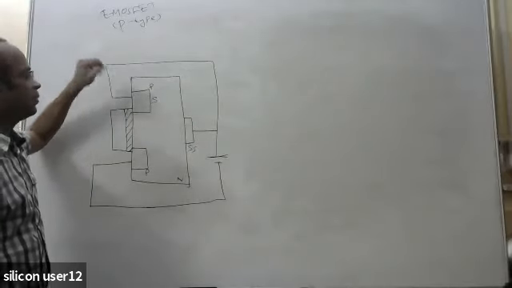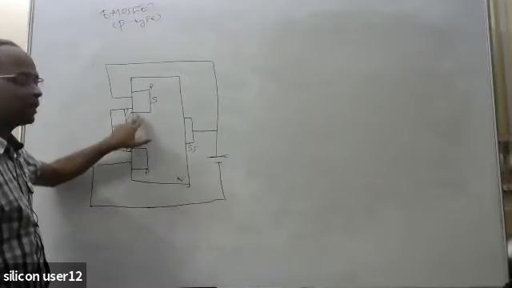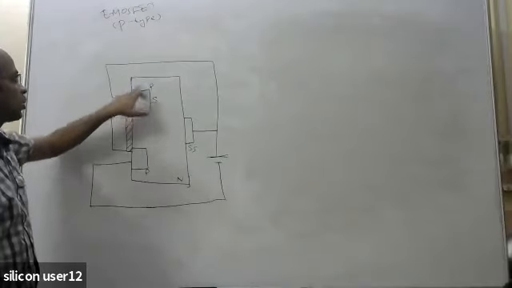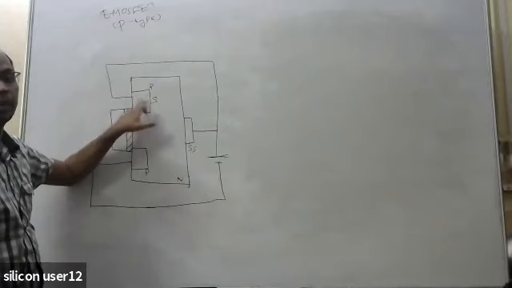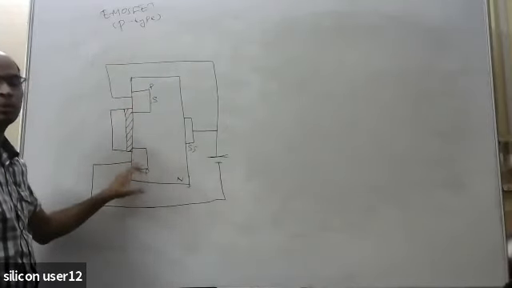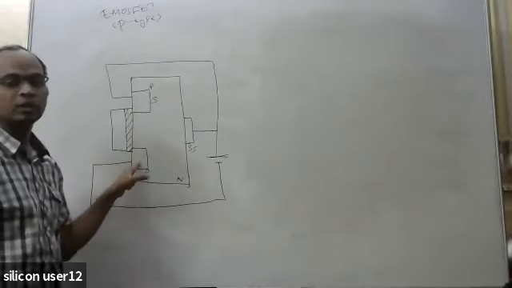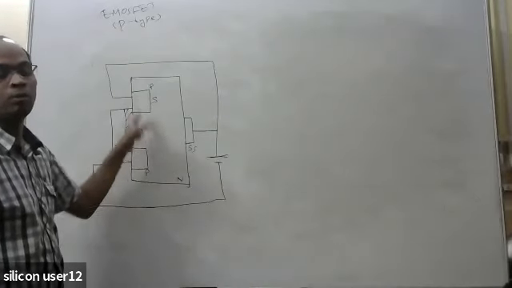Now there is no channel between this source and drain. This portion is converted to p-type, which means holes are present here, and similarly here also, p-type means holes are present. So in the case of this p-type MOSFET, electric conduction will happen through the flow of holes.